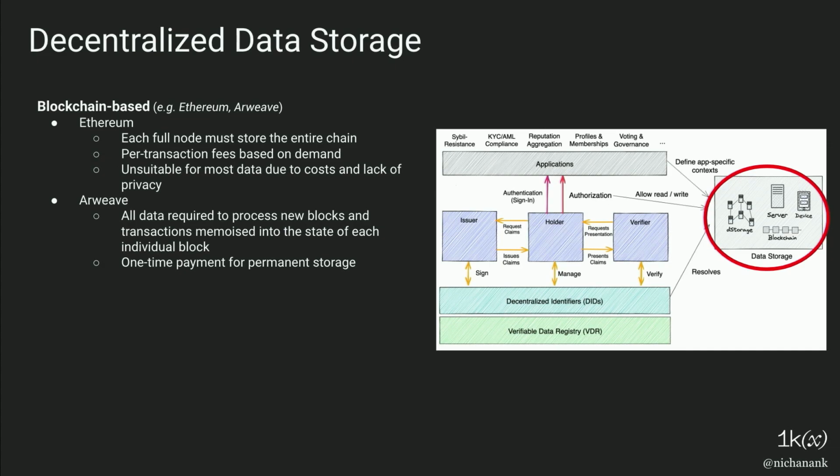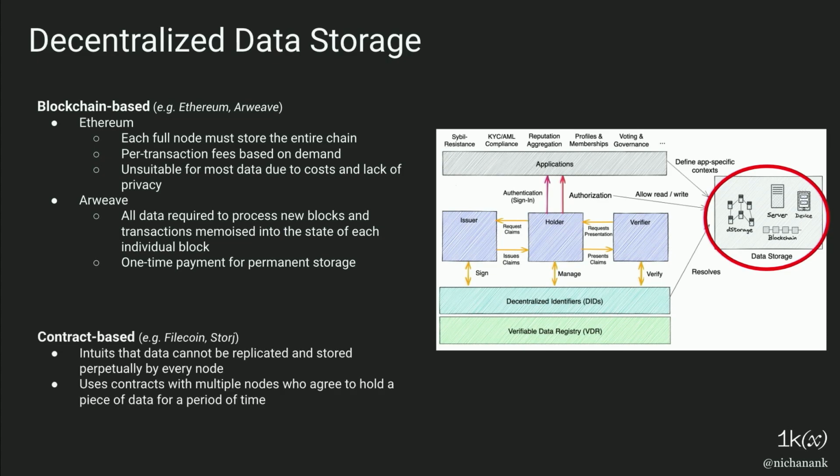Arweave is another blockchain-based example of decentralized storage where you're uploading onto Arweave and you're paying a one-time fee, and your data is guaranteed to be stored permanently. And then there's contract-based data storage like IPFS, Filecoin, Storj, that intuits that data can't be replicated and stored across all nodes. And instead it uses contracts, or service-level agreements, let's say, with multiple nodes who agree to hold your data for a specified period of time.